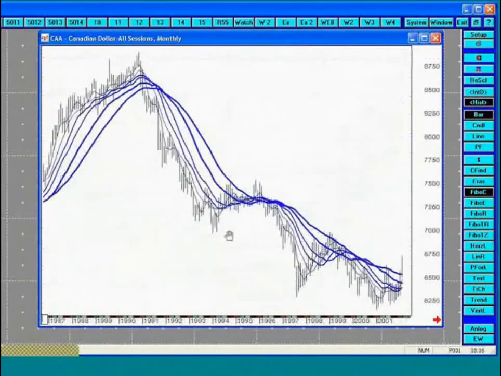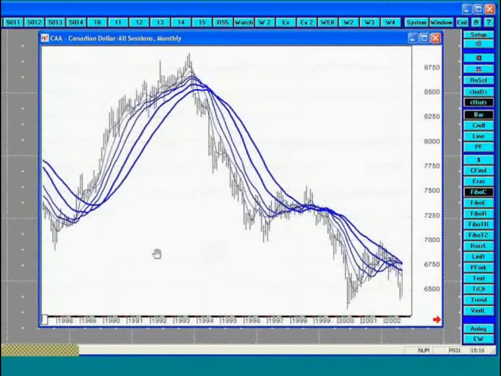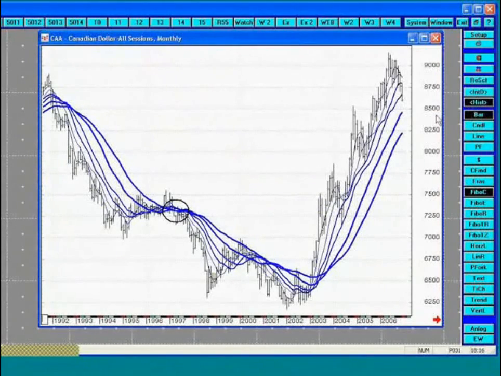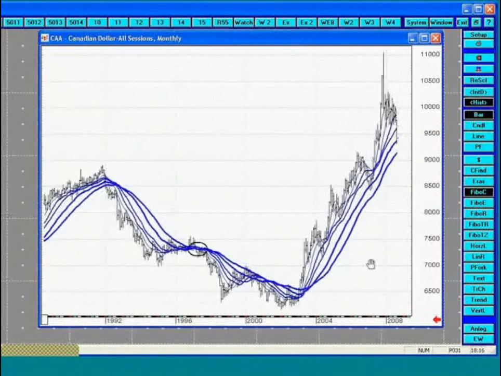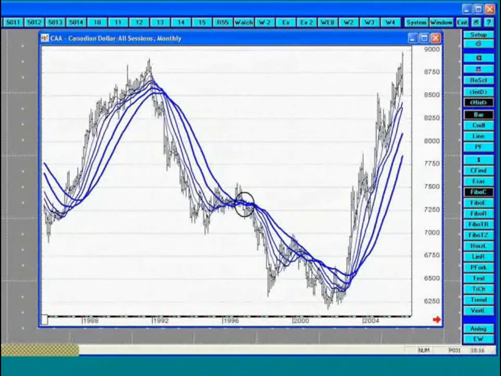Now notice too, another reason why I like this setup, this is a monthly price chart, and from 1988 to basically now, there's been only one occurrence in this market. One of the big problems a lot of traders have to overcome, and it can be a very expensive problem to overcome because I've had it myself, is overtrading. Well, this is such a reliable trade setup.